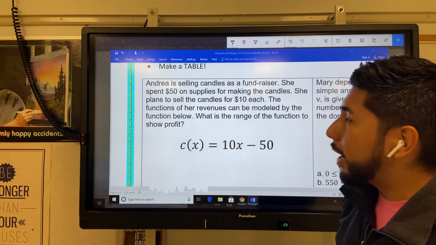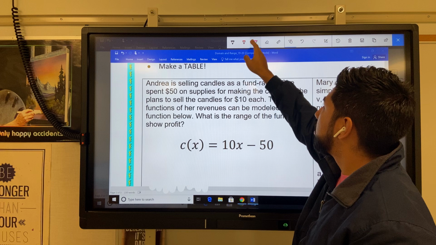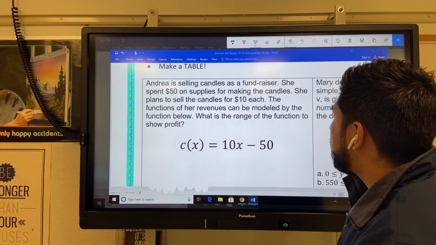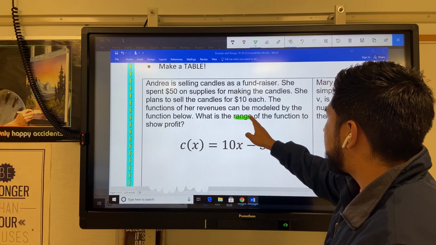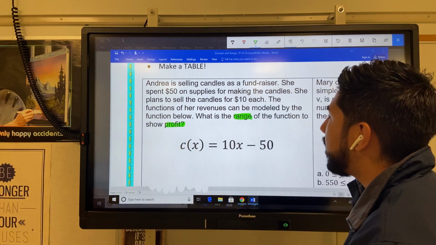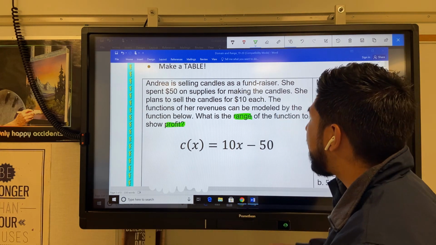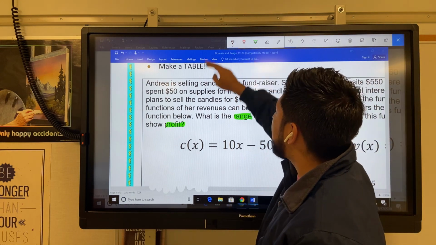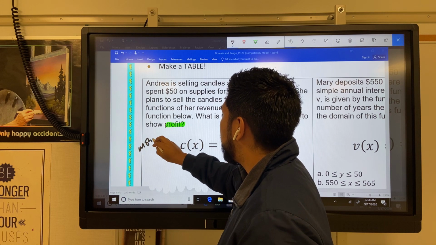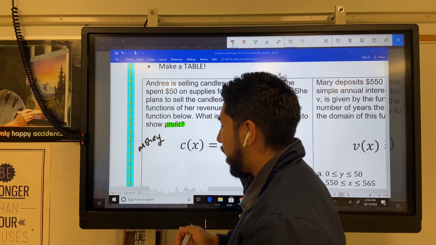Okay. So, gotta identify some keywords. So we know it's asking about range and the profit. And what's profit? It's the money. So can I count money? Yes. It's talking about money. Can I count it? Yes.